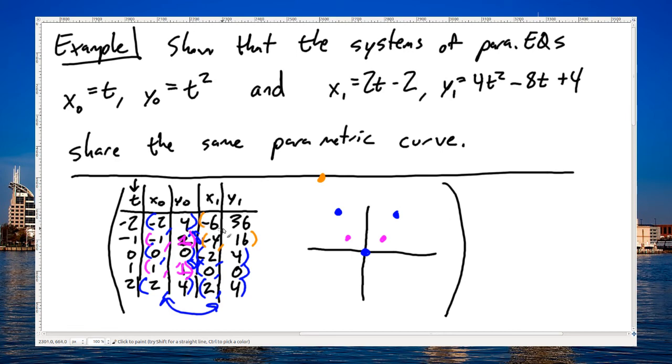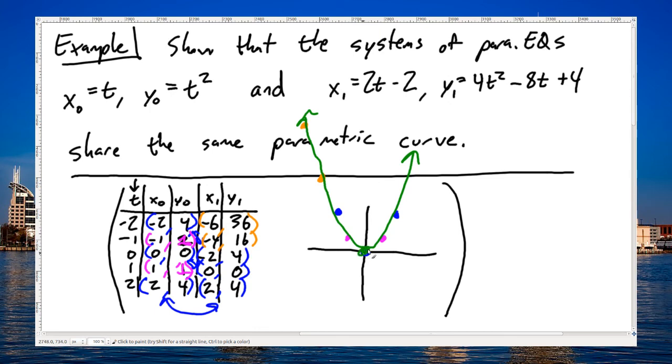I've also got a -6, 36, which would be way up here. You can see how they shared some points, but if we were to connect the dots, and that's what's important here, it looks like they both land on the same curve. It looks like it's a parabola.